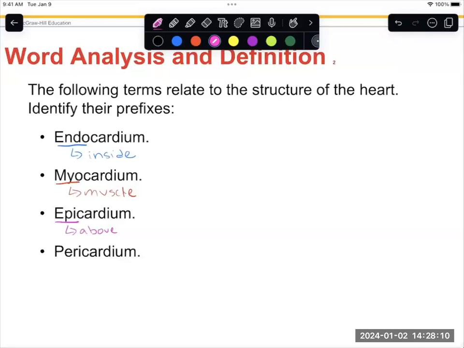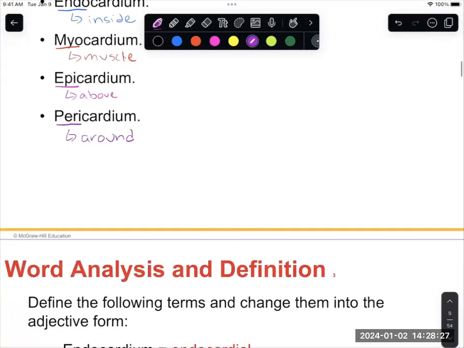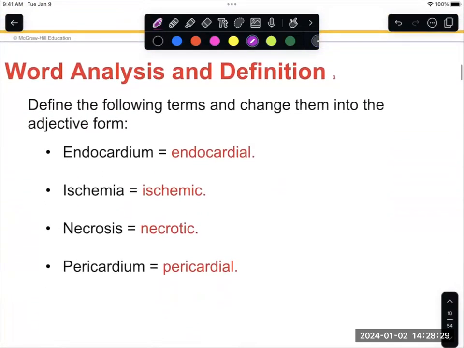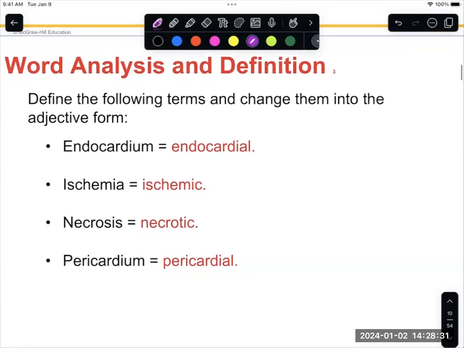And then we have pericardium. Peri means around. So there are two layers to this pericardium that wraps around and protects the heart. Endocardium, I said, is the inside lining of the heart.